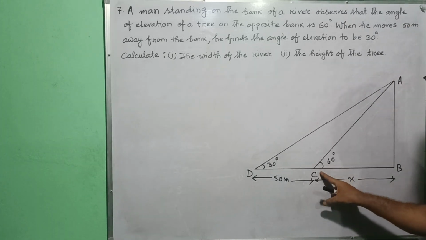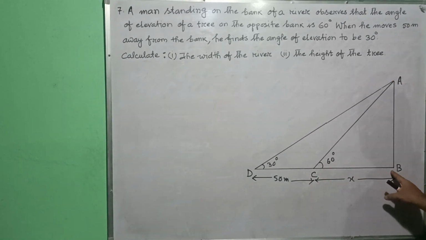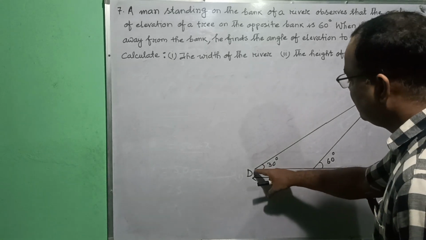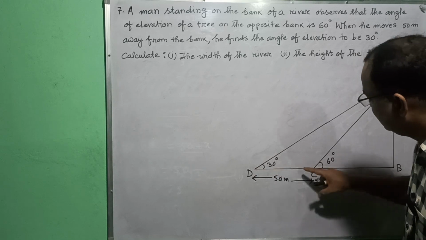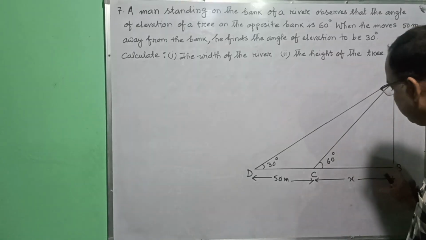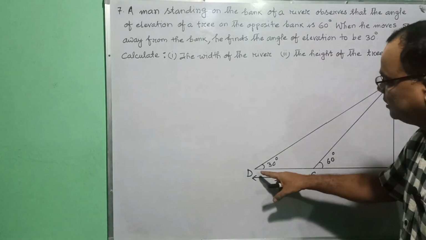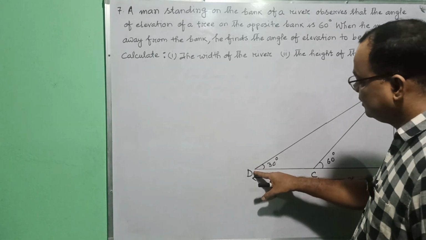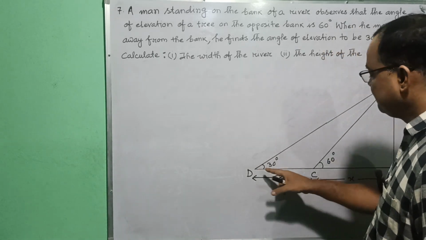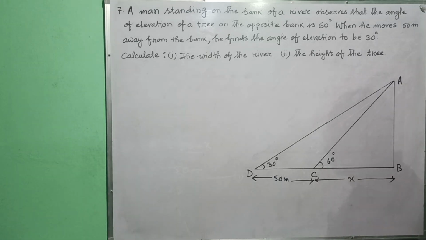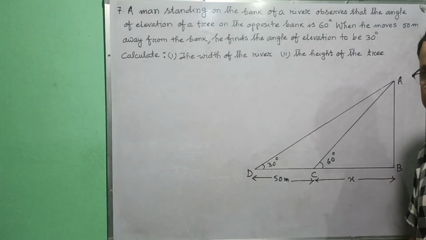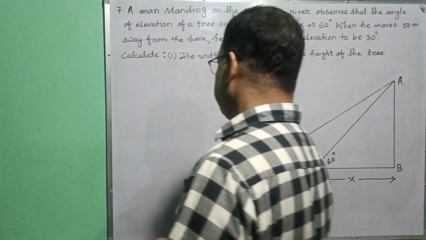It is one bank of the river and this is another bank. So BC represents the width of the river, and when he moves away from C, he moves away from the bank 50 meters. This is the new position and it is represented by D. Here two right triangles are formed, and from these two right triangles we can solve our problem.